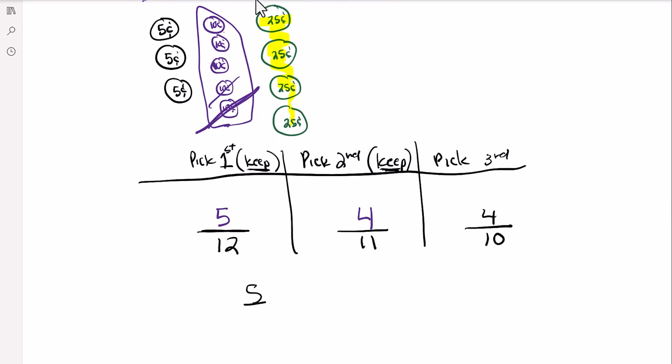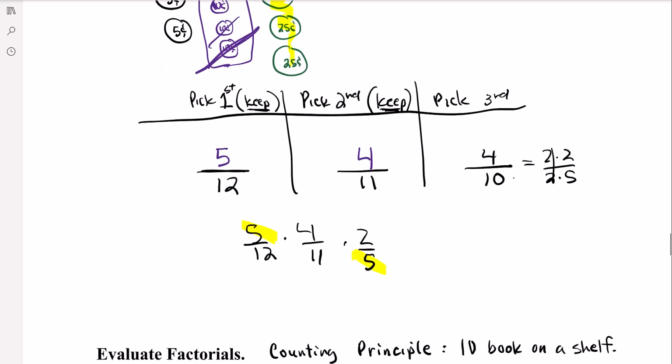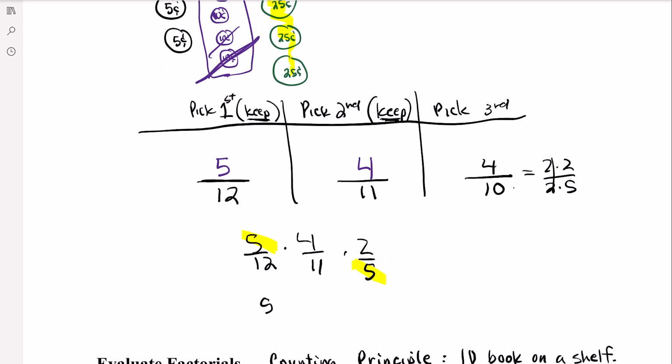5 over 12 times 4 over 11, and 4 over 10 each have a 2 in common. And then look at diagonally. You can even show kids that, because the other way to do it, this might be a better way to do it, since it's multiplication, it doesn't matter the order.